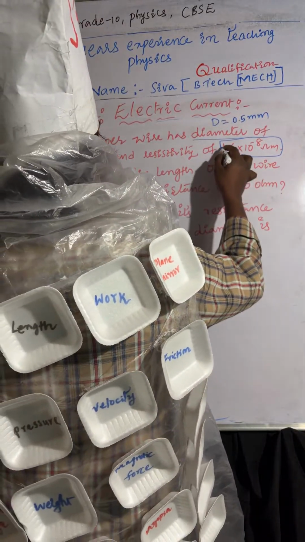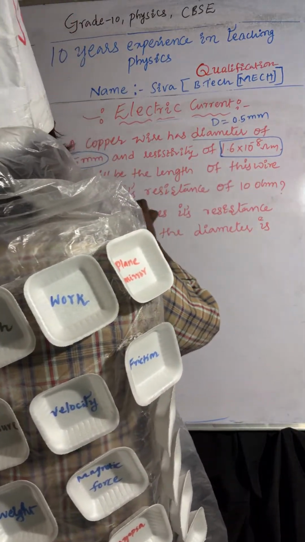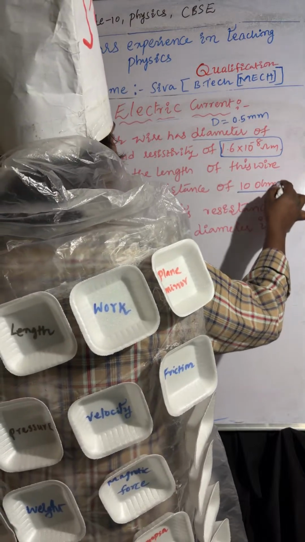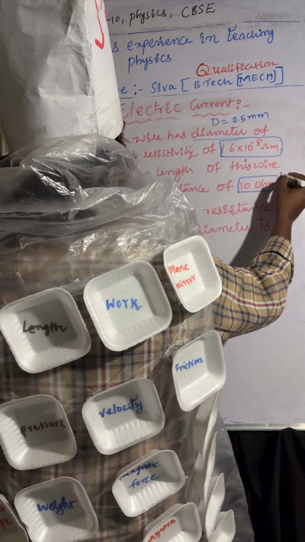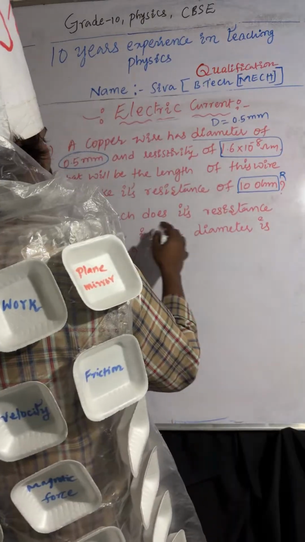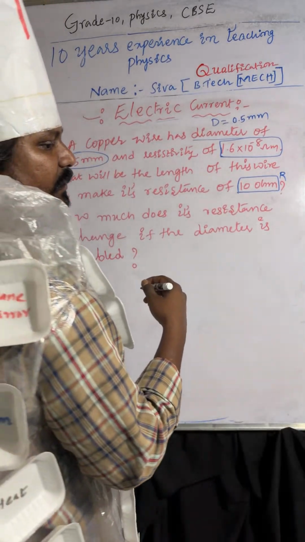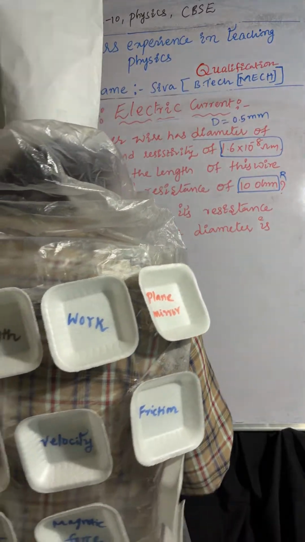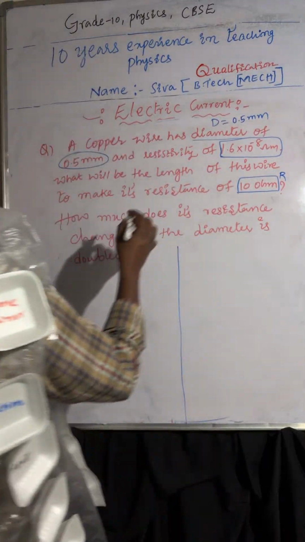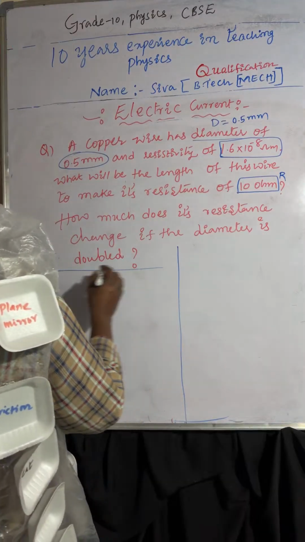And to make resistance of 10 ohm, this is the resistance. So how much does the resistance change if the diameter is doubled? Understood or not? First you write the given data.